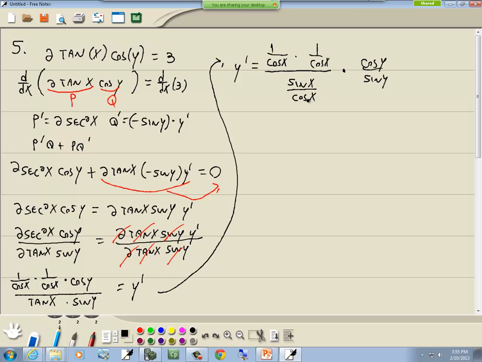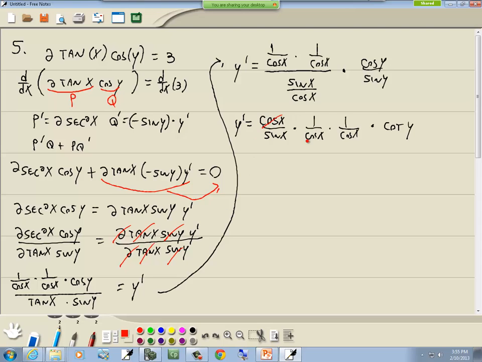Well, if you've got a single fraction downstairs, you can flip it and multiply it times your top part. So sine over cosine becomes cosine over sine, and I'll multiply it times the top. Now cosine y over sine y. Cosine over sine is cotangent, so this is cotangent y.